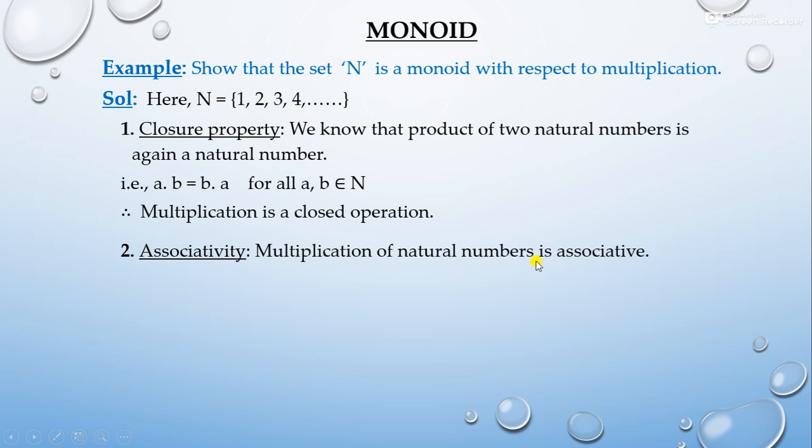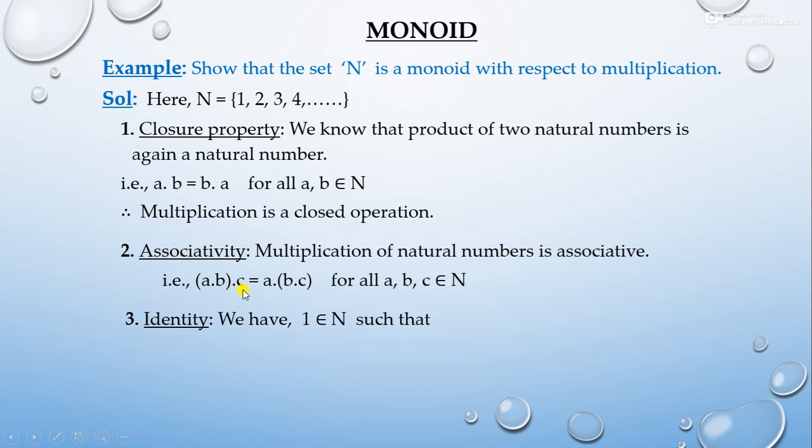Multiplication of natural numbers is also associative. If we take any three numbers of the natural number set, it is always true that if we multiply two numbers and then multiply the third number, or if we multiply the second and third number and after that multiply the first number, the result will be the same. So we can say that our multiplication is associative.